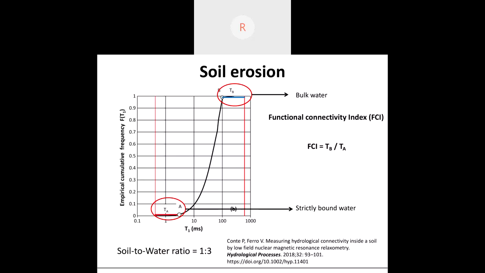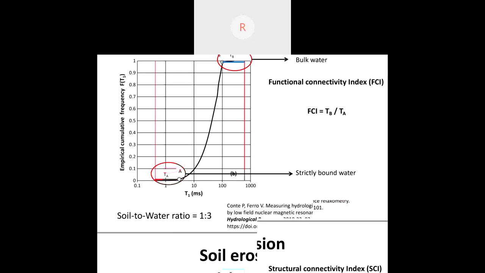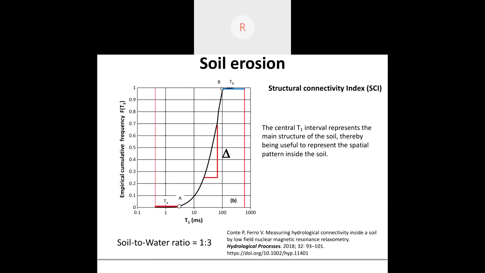But that is not all, because another index is what we call the structural connectivity index, that we associate with the slope of this empirical frequency distribution. So also in this case, the change of the slope can give information about how soil erosion is moving.